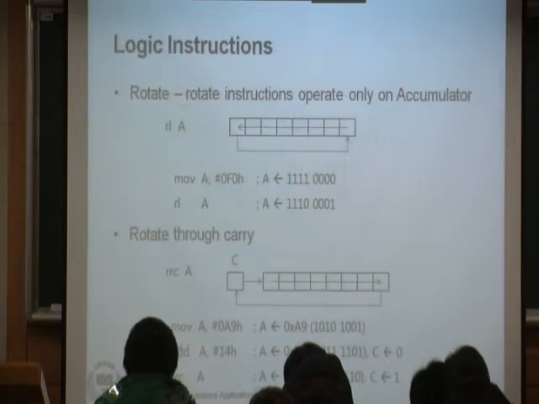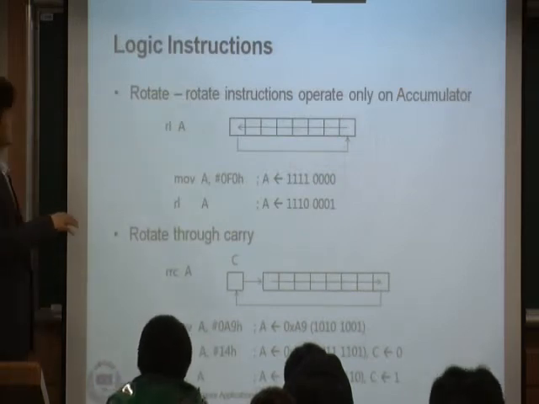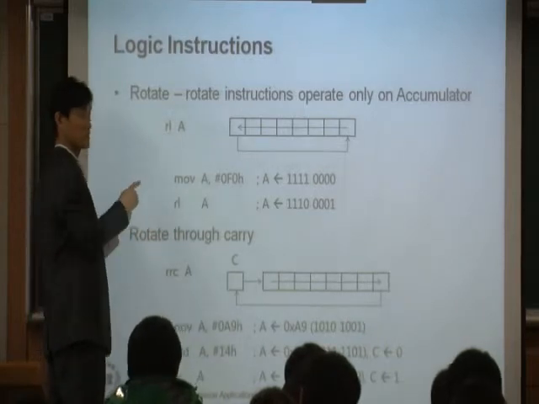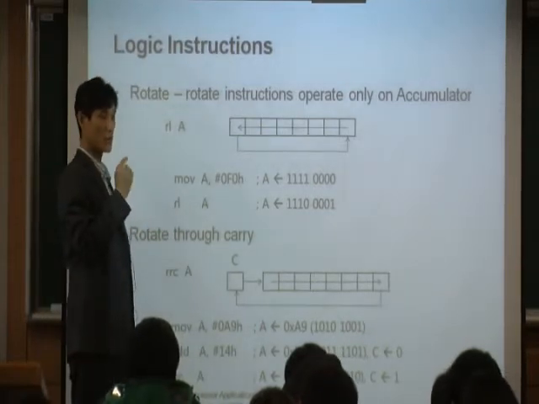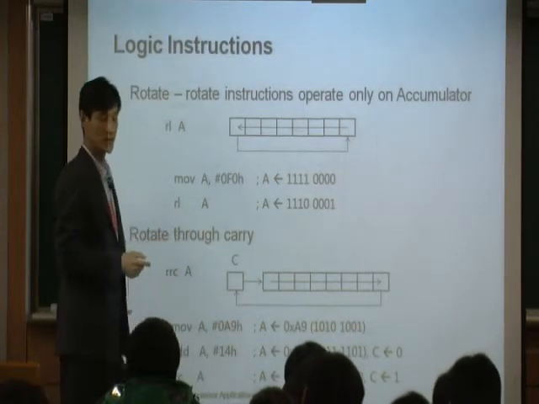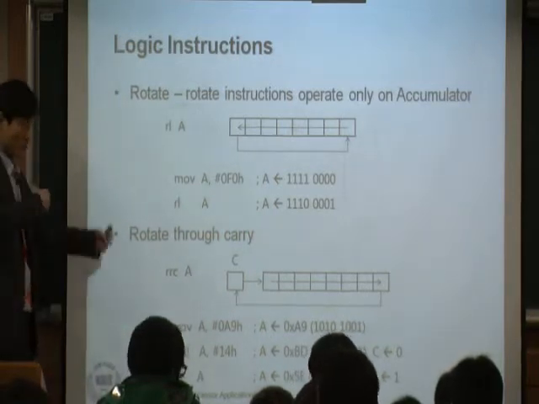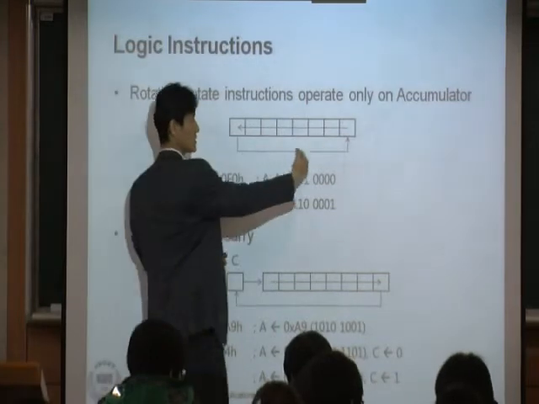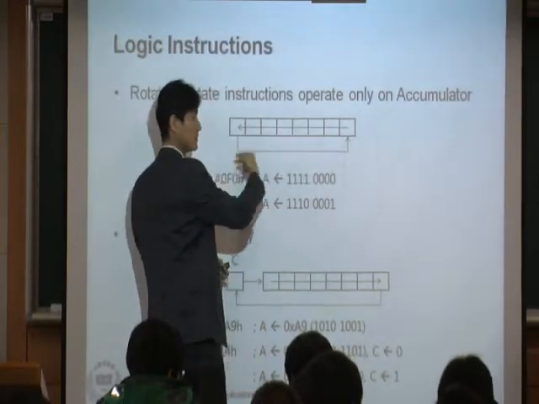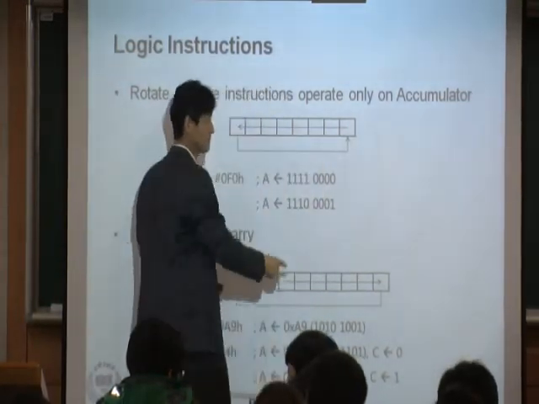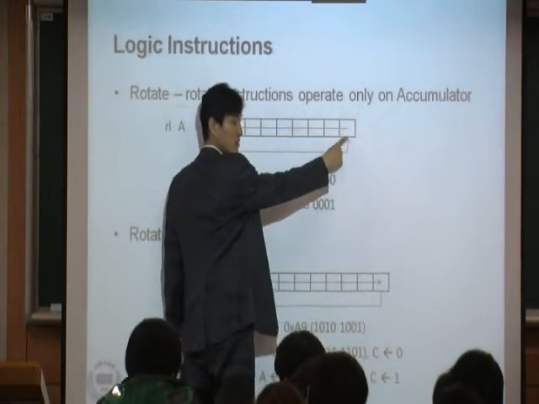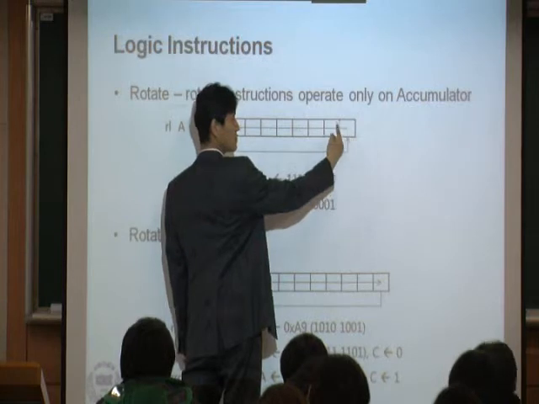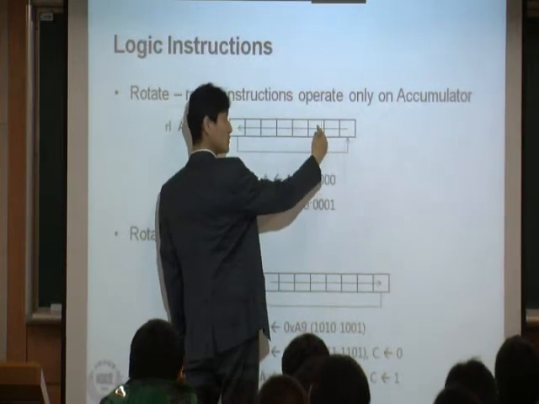Yeah. So let's look at the rotate instructions. Here, this is a rotate. Rotate left. Why do we say rotate? Rotate means rotate like this, right? And left means it's going to the left side. So when you do rotate, this bit, the LSB, least significant bit, goes to there, that bit goes to there.